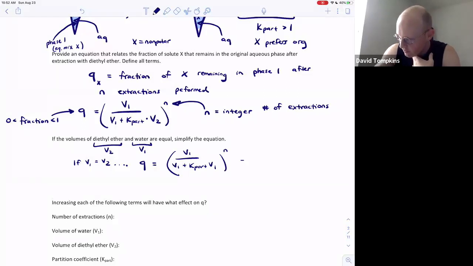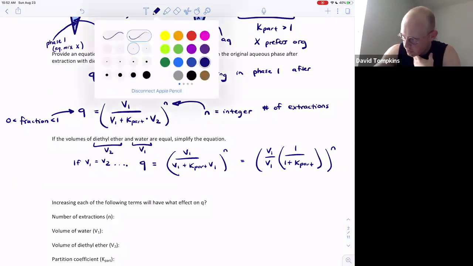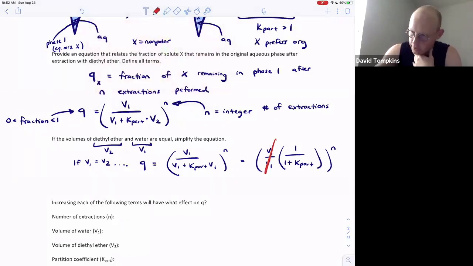All these terms have V1, so I can pull that out and say it's V1 over V1 multiplied by 1 over 1 plus Kpart. Of course, V1 over V1 cancels, and we can now say if the aqueous and organic volumes were equal, then Q simplifies to 1 over 1 plus Kpart, all raised to n number of extractions.